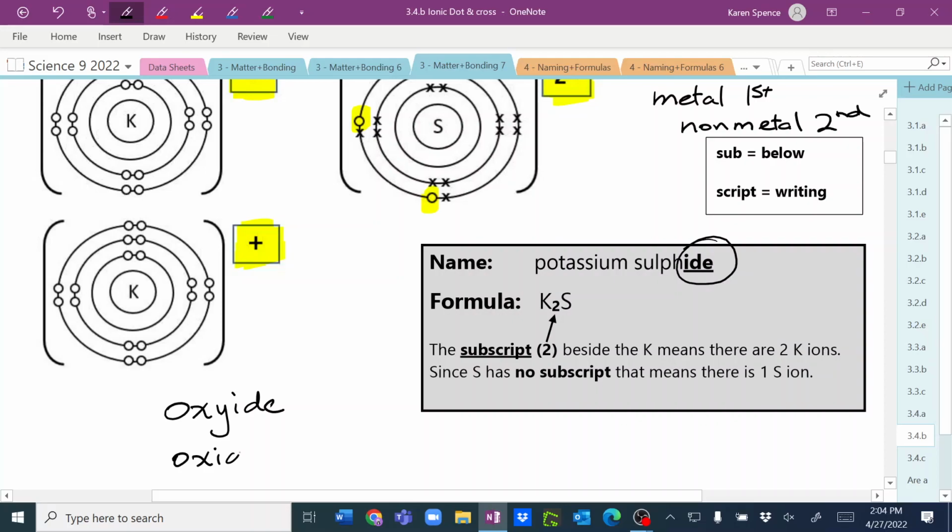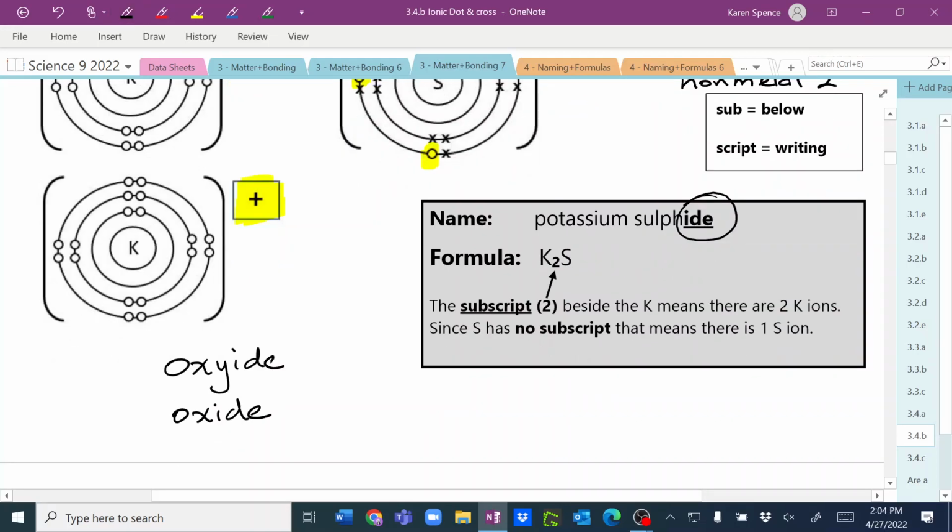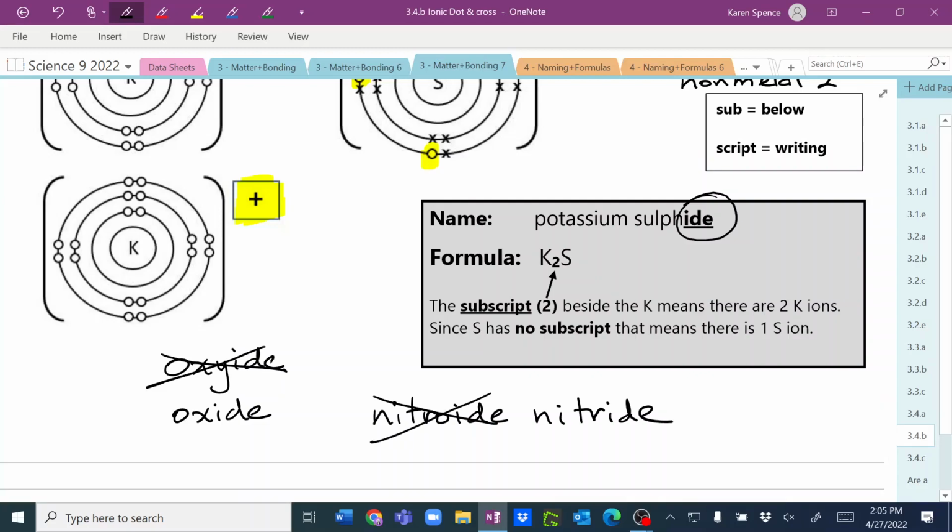Which of those is correct? Oxide, okay. How about, let's see, what's another one? Nitride, not nitroide, okay? So you're always going to kind of want to get rid of that vowel. If there's a vowel there, you don't want it hanging out before your "ide", okay?